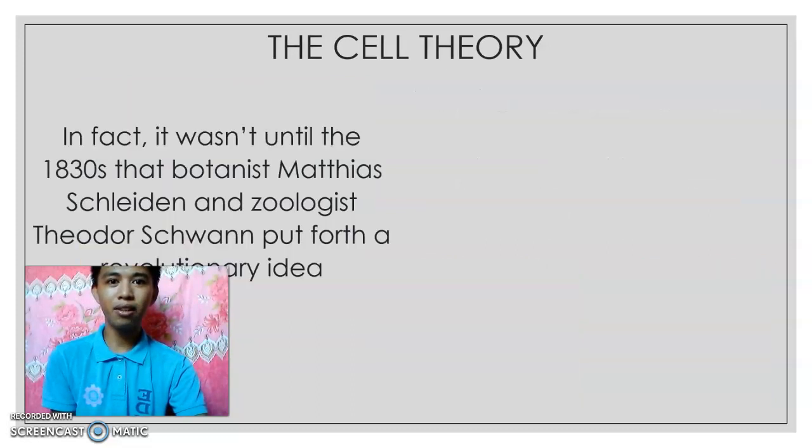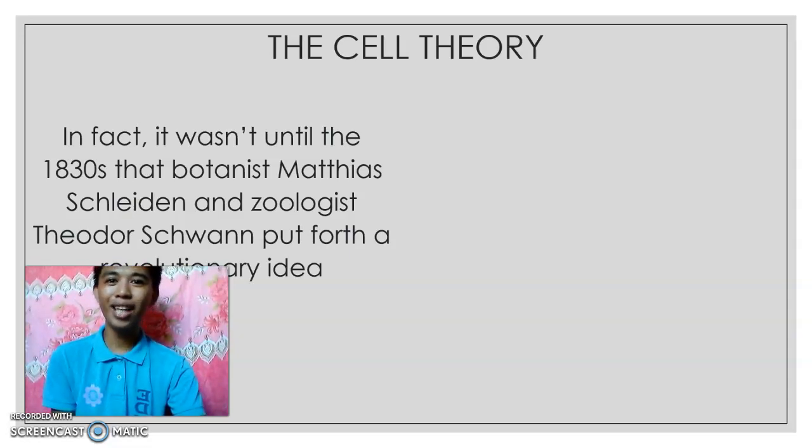Despite his discovery, it took quite some time for scientists to realize that cells weren't just an odd one-off case, but rather the essential building blocks of all plants, animals, and other living things.